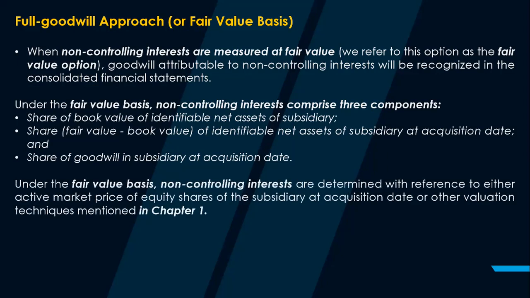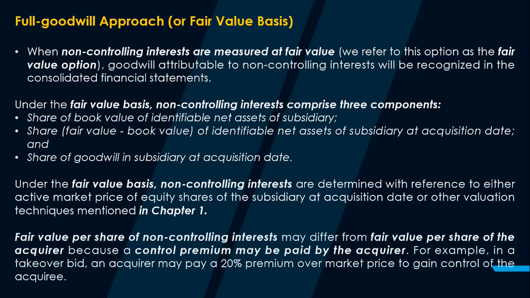Under the fair value basis, non-controlling interests are determined with reference to either the active market price of equity shares of the subsidiary at acquisition date or other valuation techniques mentioned in Chapter 1.